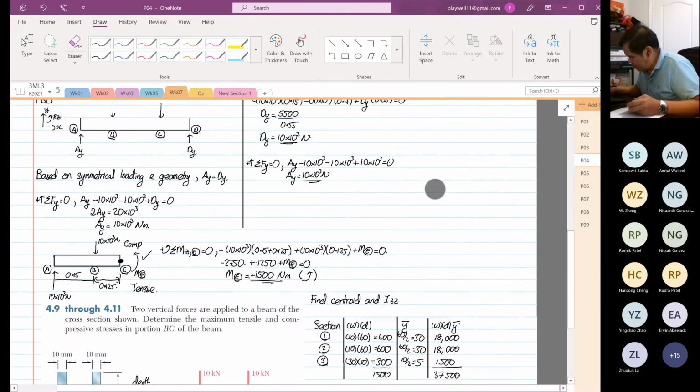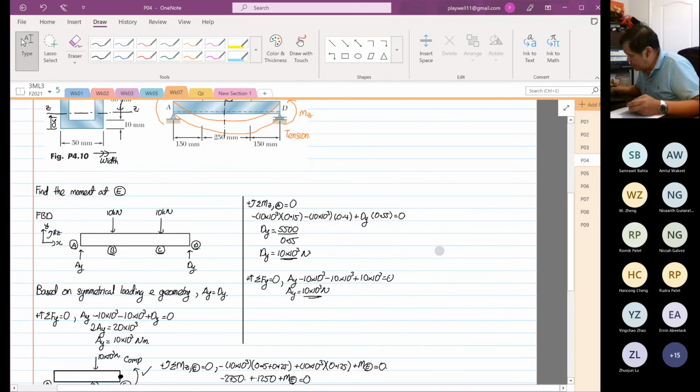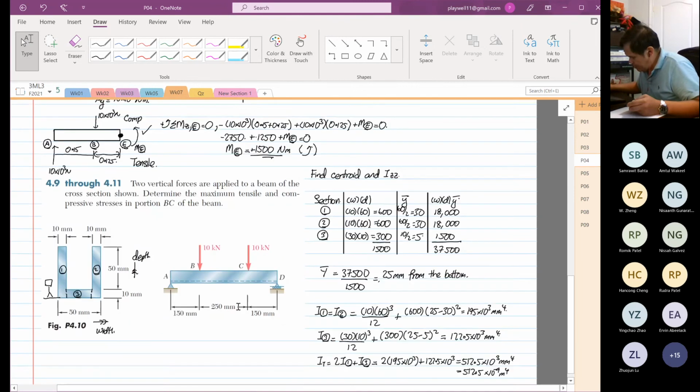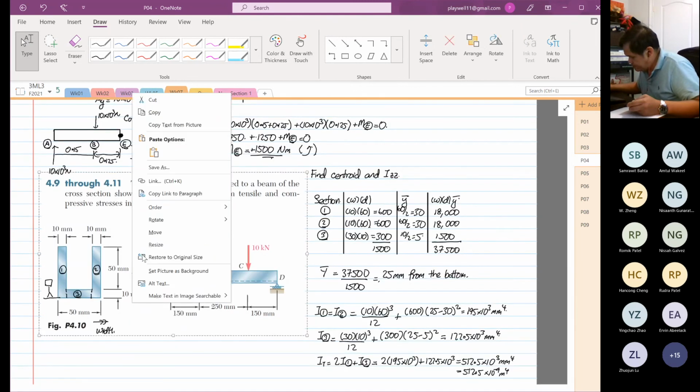So we know that the top is under compression, the bottom is under tension. Again, I'm going to copy this diagram.